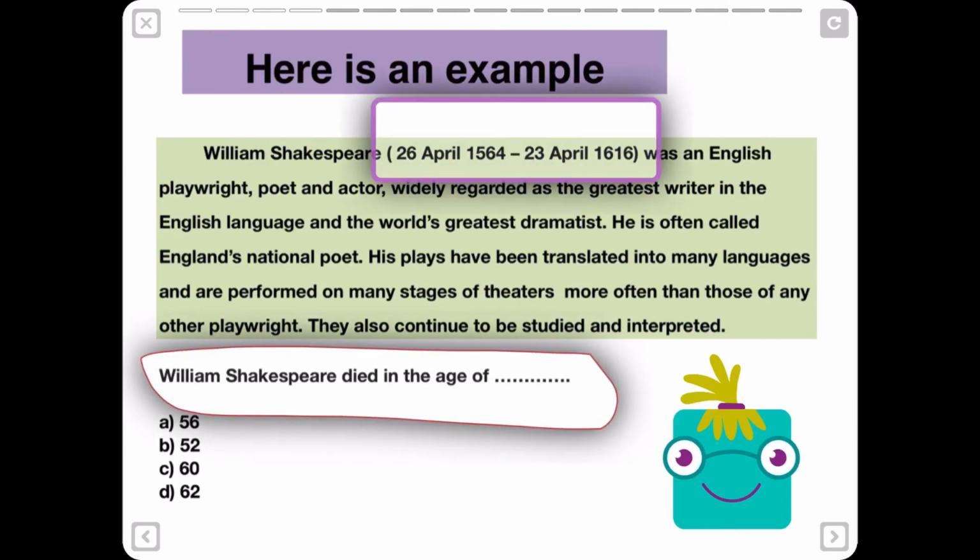So here in the passage, they give us the date of his birth and the date of his death. He was born in 1564 and died in 1616. So we're going to calculate his age, and we're going to find that he was 52 years old.